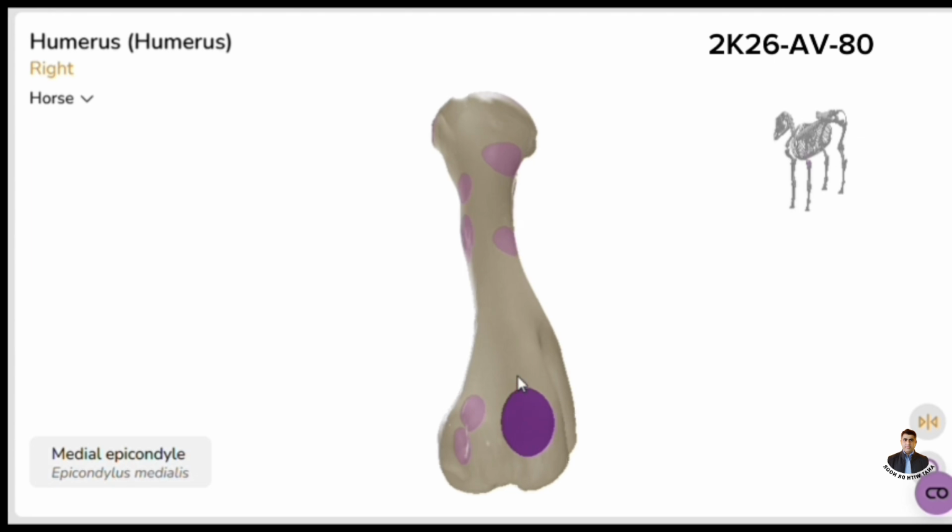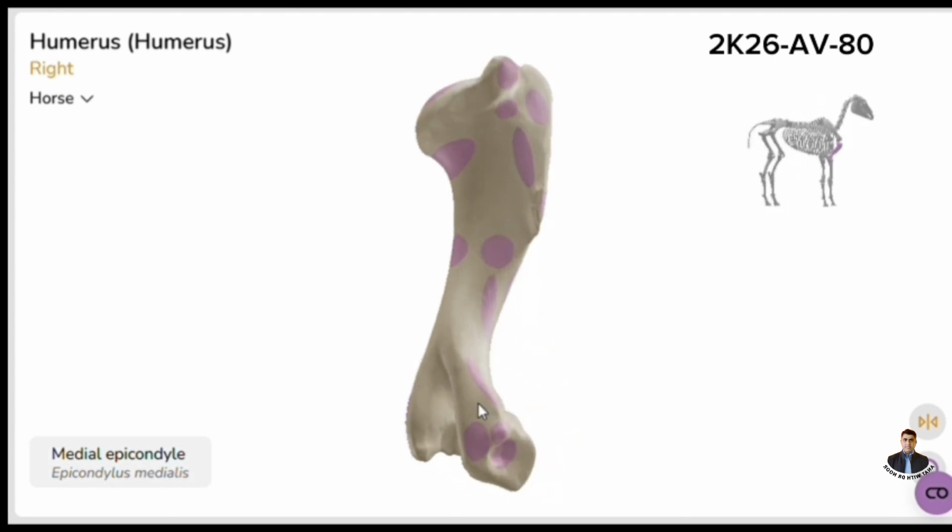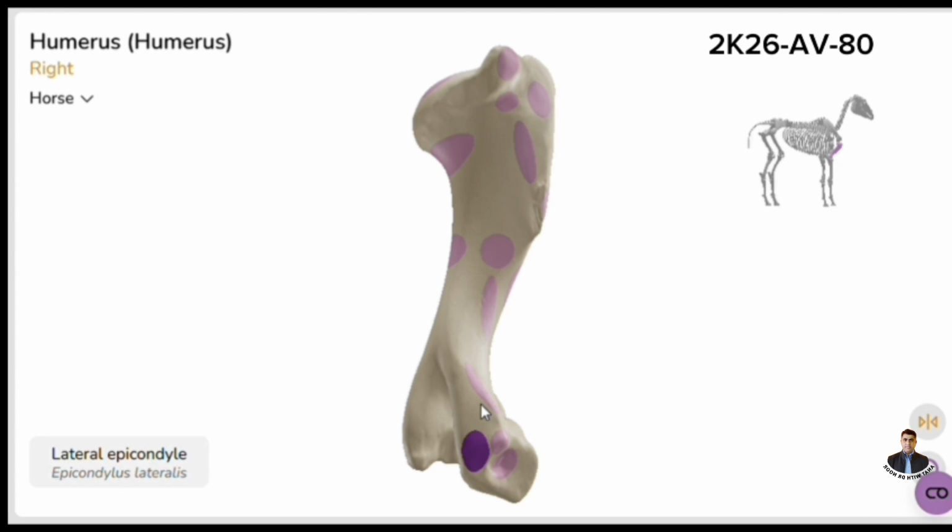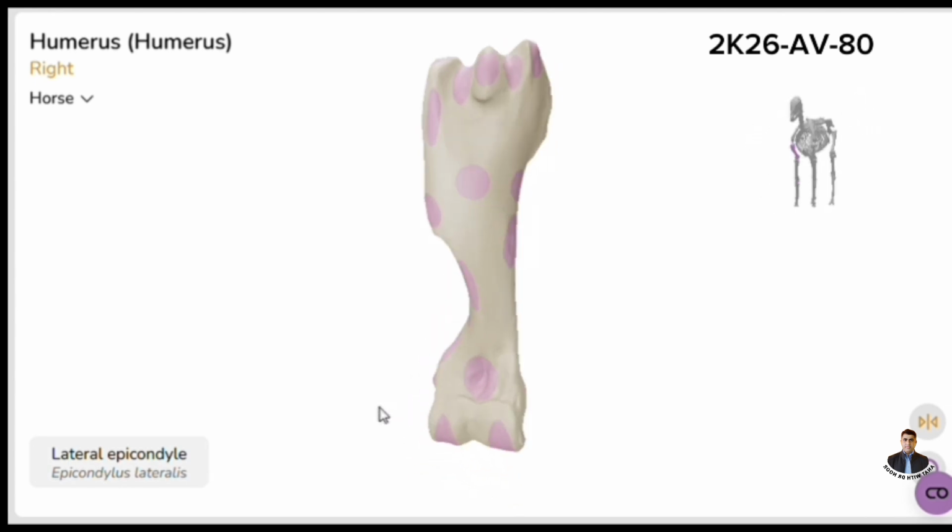Again, I am repeating that the medial epicondyle gives attachment to flexor muscles and the lateral epicondyle gives attachment to extensor muscles. These are rough projections you can see on both sides of the humerus.